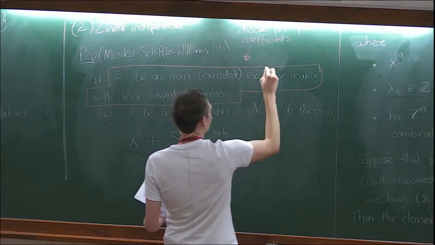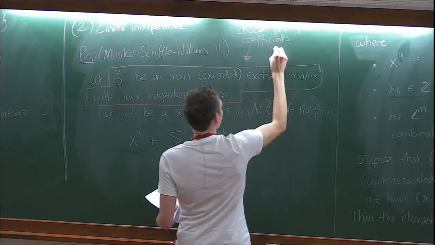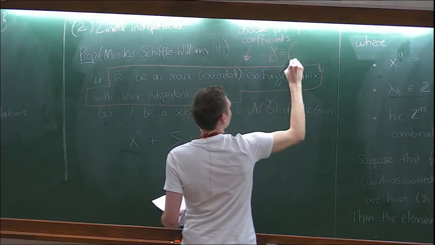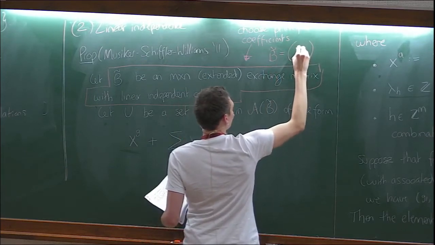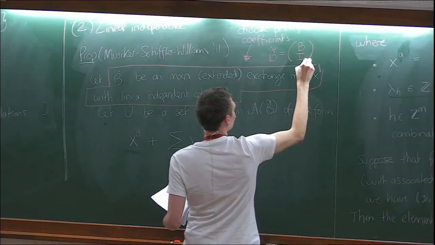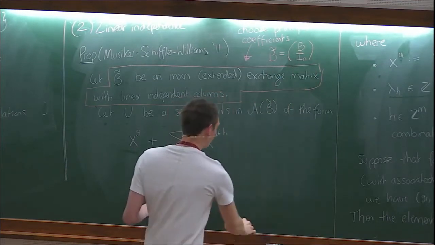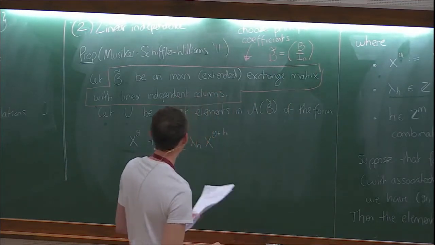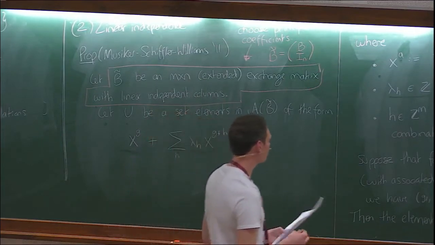So to be precise, what is B tilde in this case? It's of the following form: we have our exchange matrix on top, and then the identity matrix on bottom. And of course, such a matrix has linearly independent columns.